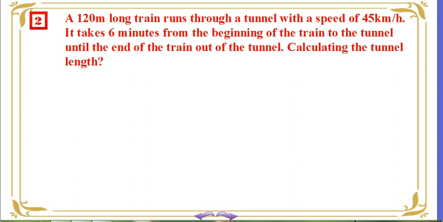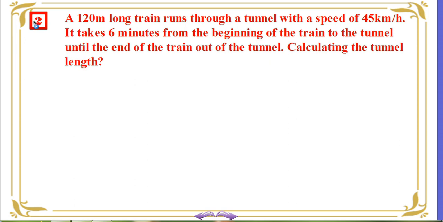In this problem, we see the problem of the speed and time of the train going through the tunnel. That is, we calculate the distance the train goes. However, you must pay attention to the length of the train. That means if you take the distance the train goes as the length of the tunnel, it is wrong.